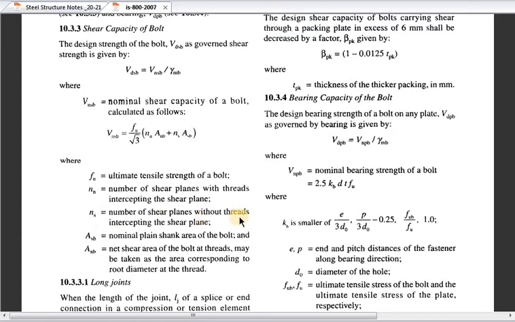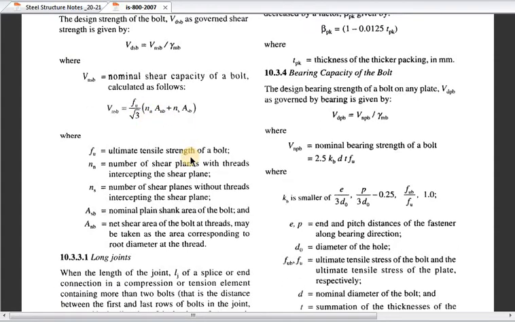NS is the number of shear planes without threads, that means the shank portion. So what is ASB? It is the nominal plain shank area of the bolt. And what is ANB? It is the net shear area of the bolt at threads. That means this area ANB is the area of the threaded portion, ASB is the area of the shank portion, and then the number of shear planes along the threaded portion and along the shank portion. So these terms we have to understand.